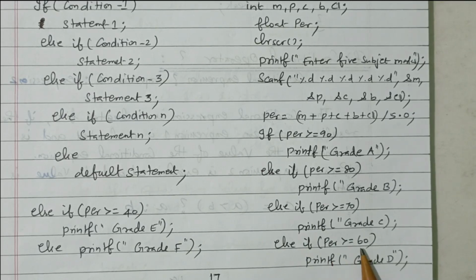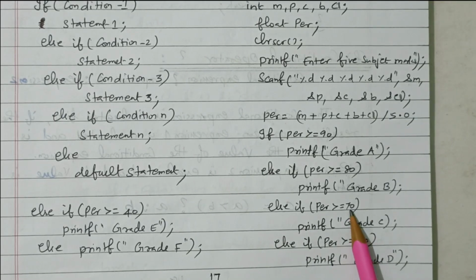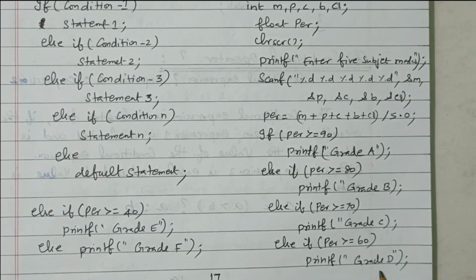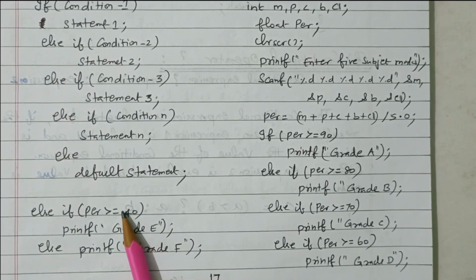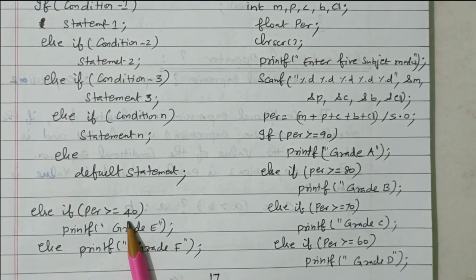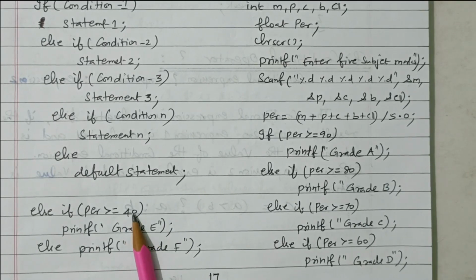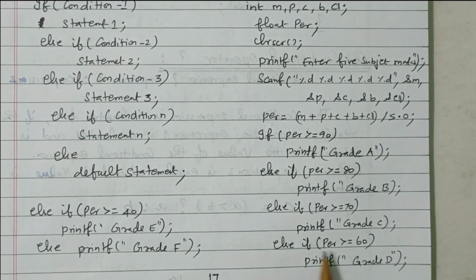Next, percentage greater than or equal to 60, right? If it is greater than or equal to 60, it is between 60 and 69, not 70, because the previous condition is false. In the case of 60, we print grade D. Suppose this condition is also false, it is not greater than or equal to 60, so we go to another condition: greater than or equal to 40, right? 40 means the last grade, grade E, that is 40, 41 up to 59, right?